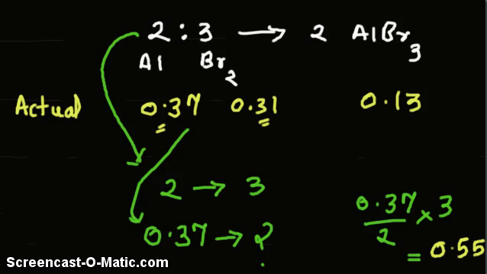So we need Br2 0.55 moles. However, if you go back, we have only 0.31 moles of bromine.